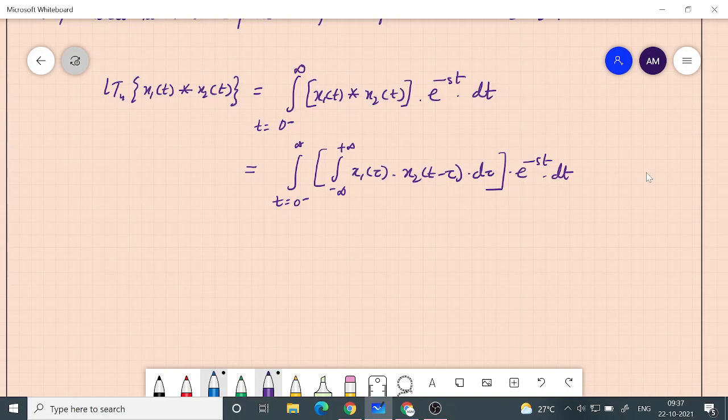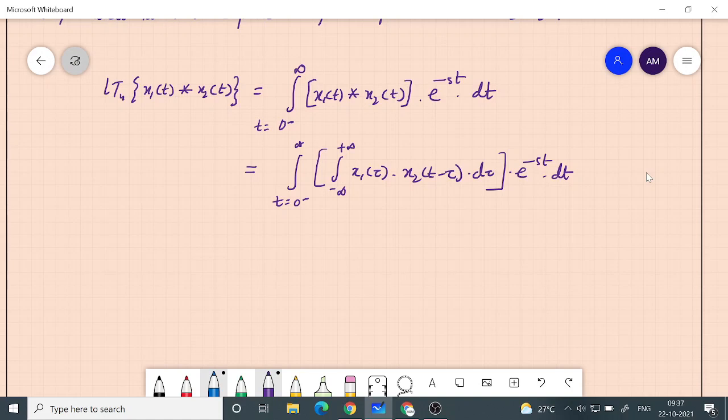So we can change the limit from minus infinity to 0 minus. We will not make any error because x1 of tau is 0 by definition, and it is given in the problem itself, so we can put the limit on tau like 0 minus to plus infinity.